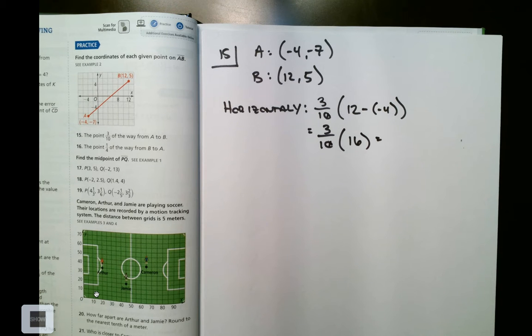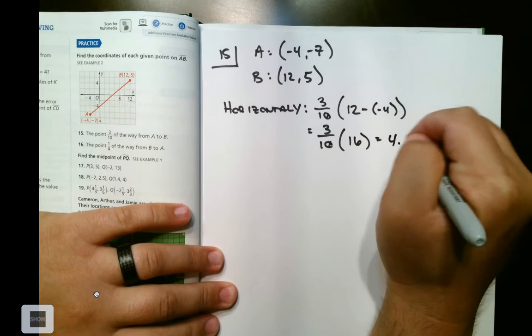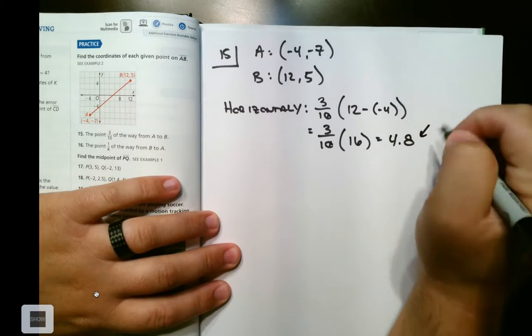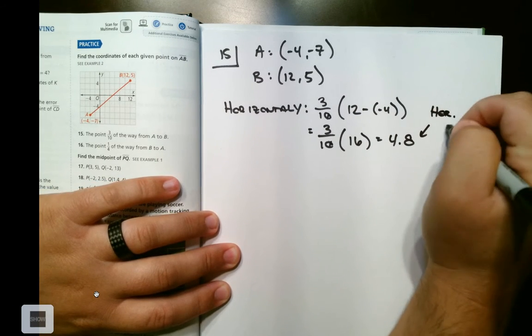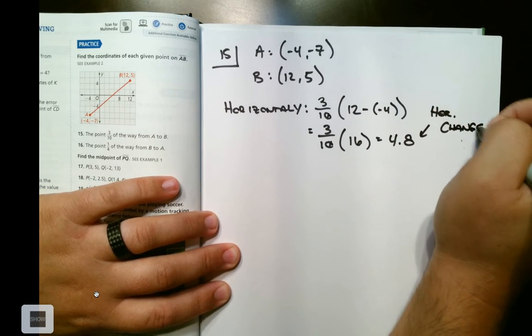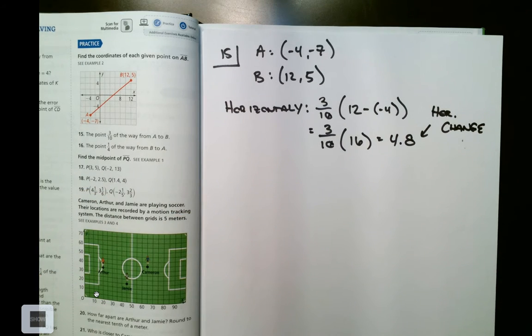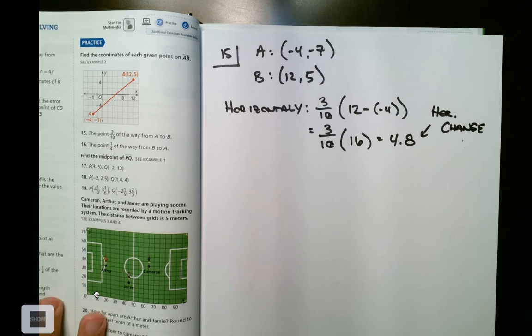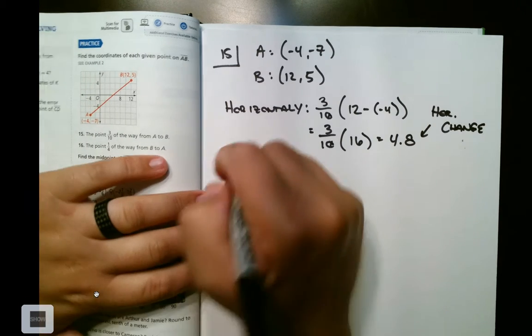So that is going to be 48. 48 divided by 10 is 4.8. So I know that my horizontal change, right? Horizontal change, that's not the new X coordinate. That's just how it's changing from A to B. It's 4.8.